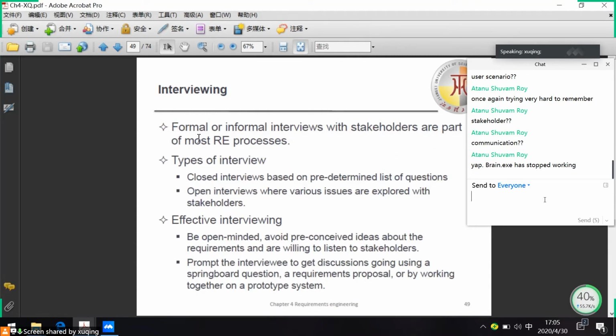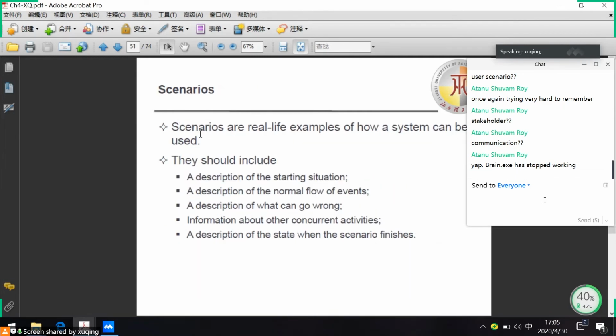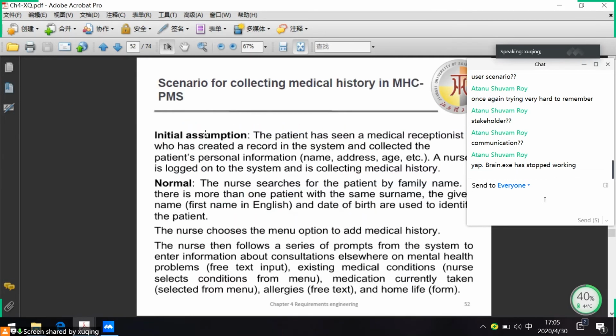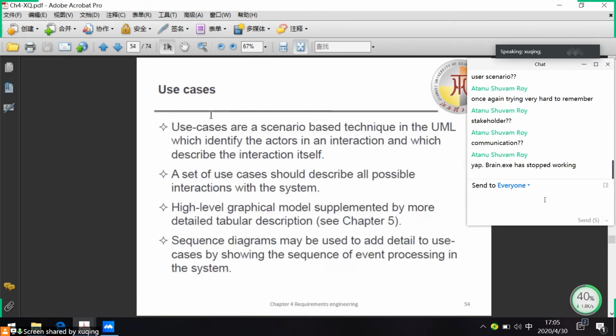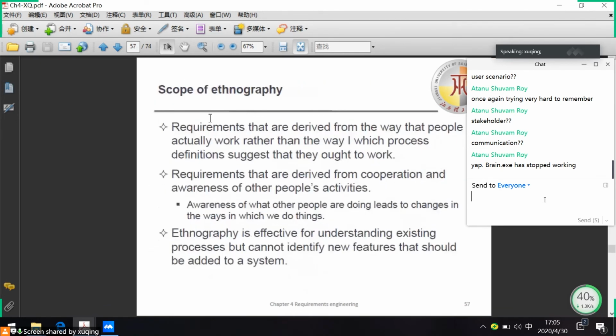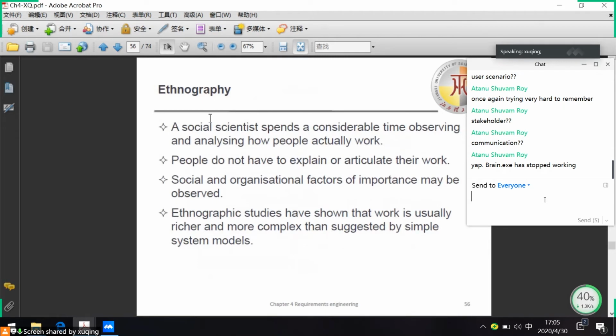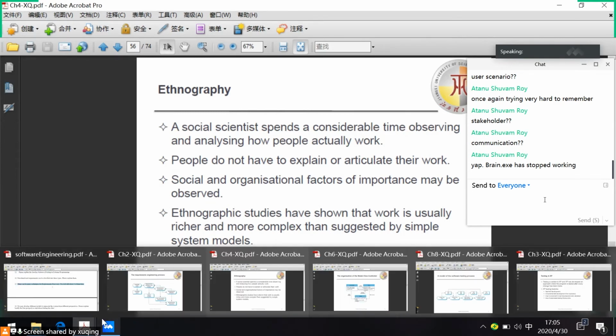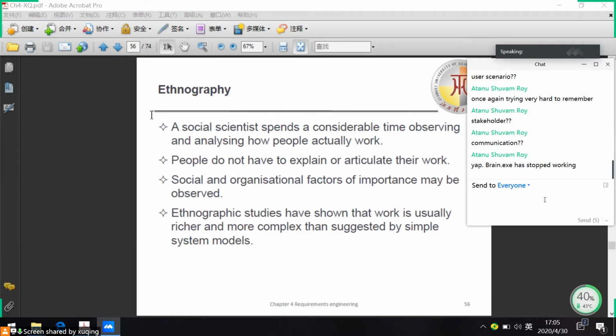It is one technique, and then we have scenarios. We have use cases. We have also ethnography. These 4. During the class, we have talked about these 4 techniques.